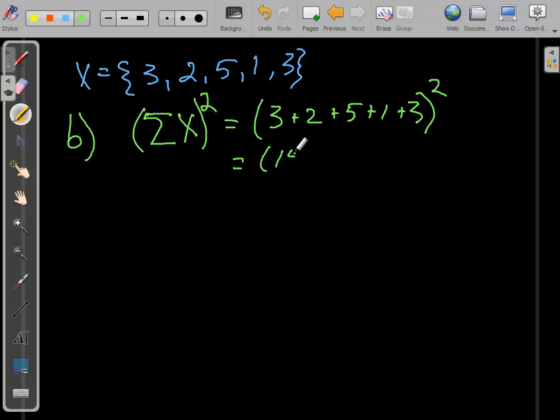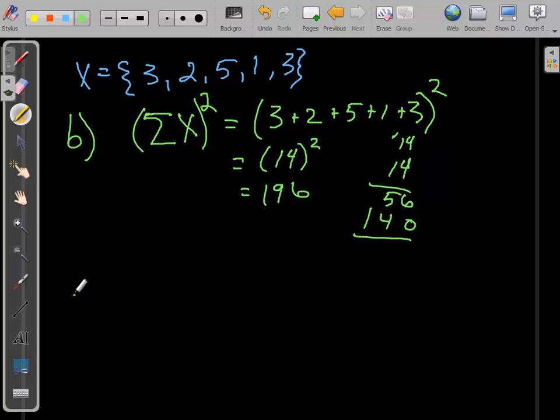So this is 14 squared, which would be, well, let's see, 14 times 14. That would be a 6, carry the 1, 56, 4, 1, so 196. A calculator would probably help with that.